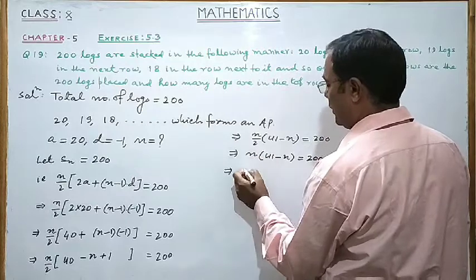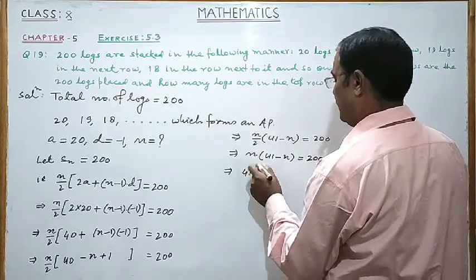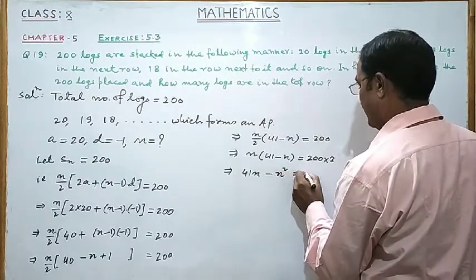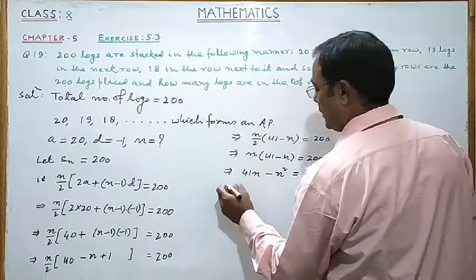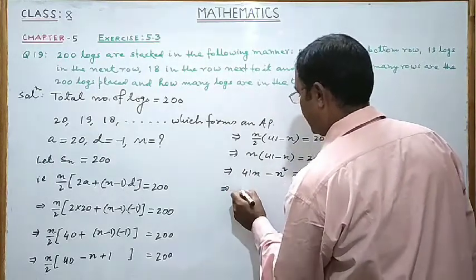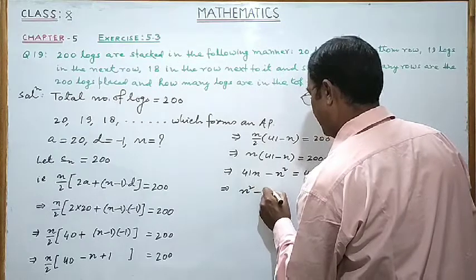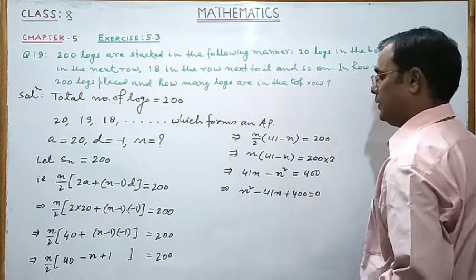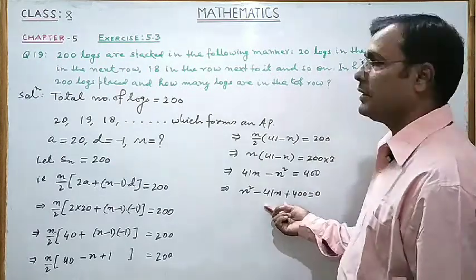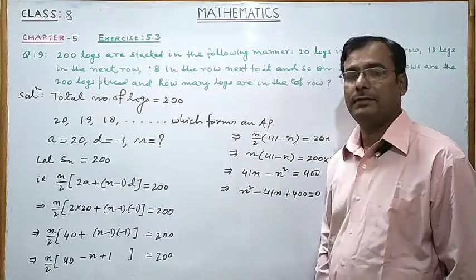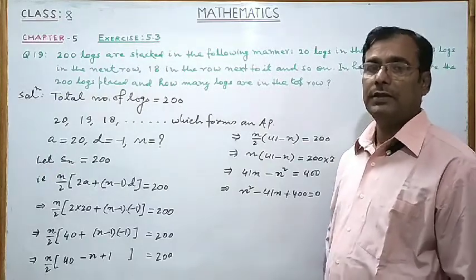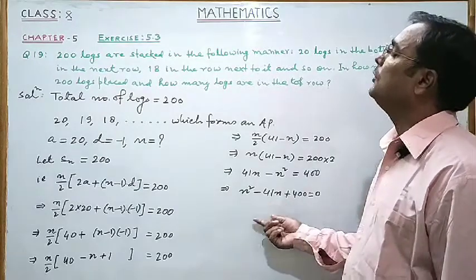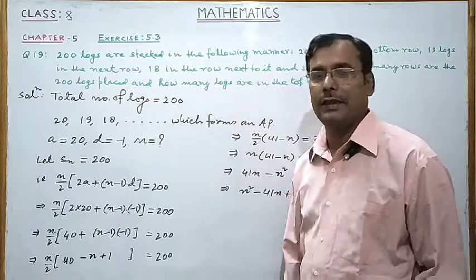So 41n minus n square equal to 400. Simplifying this, we get n square minus 41n plus 400 equal to 0. And this is a quadratic equation in terms of variable n, solving which we shall get the value of n, the number of rows into which 200 logs are stacked.